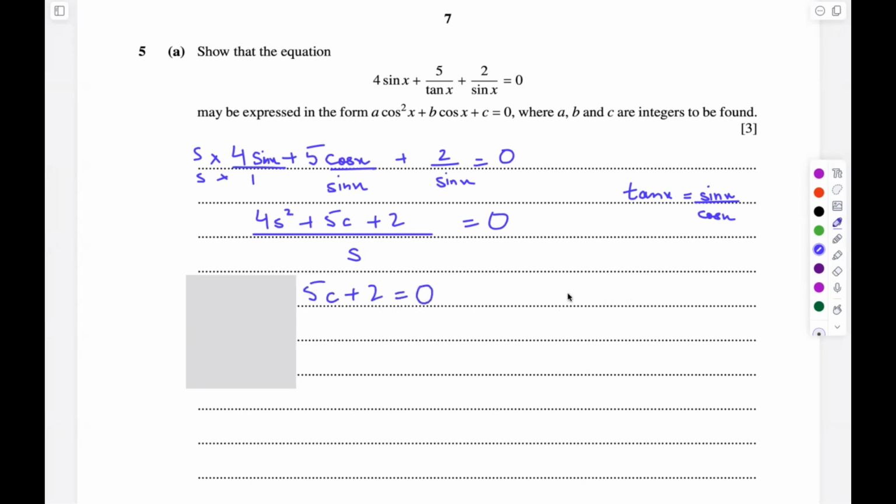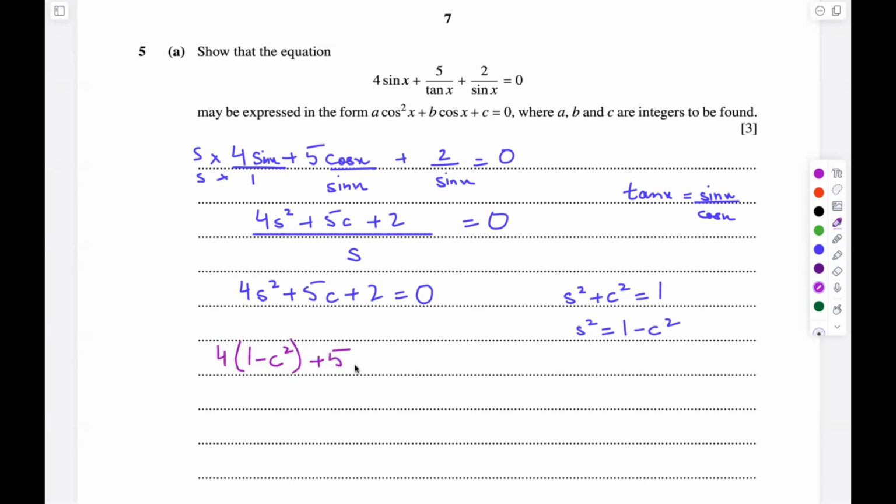We know that the identity is sin squared plus cos squared equals 1. So sin squared can be written as 1 minus cos squared. Substituting 1 minus cos squared in place of sin squared, this will become 4 into 1 minus cos squared plus 5 cos plus 2 equals 0. Expanding this, we'll get 4 minus 4 cos squared plus 5 cos plus 2 equals 0.